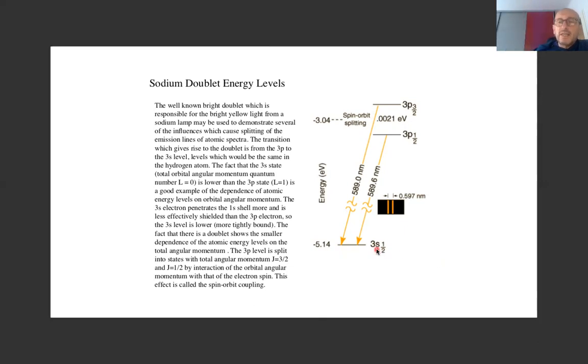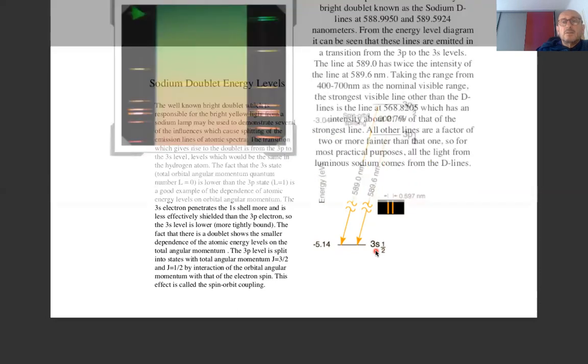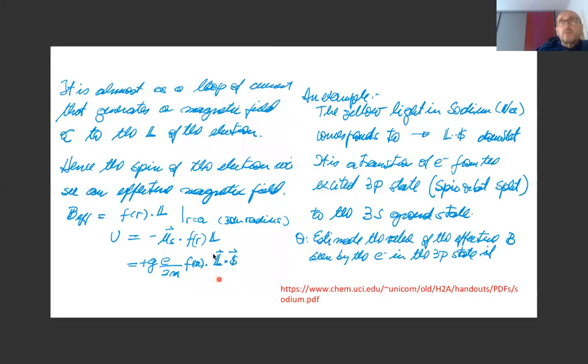But in an S state, it's an L equals 0 state, so you don't add anything from the orbital part. The intrinsic angular momentum of the system is equal to the spin. So there's no spin-orbit interaction in the 3s state, because the L part of the angular momentum that could have some influence is 0 for the 3s state.